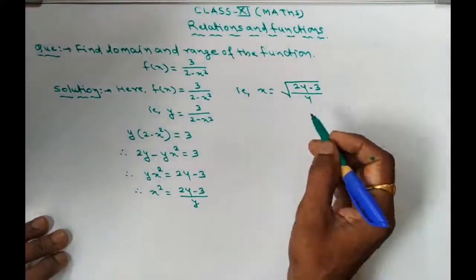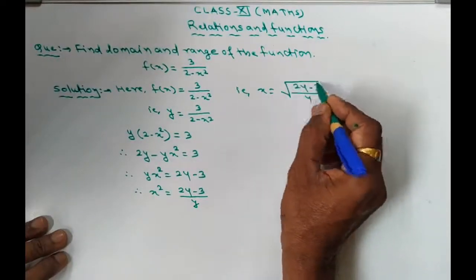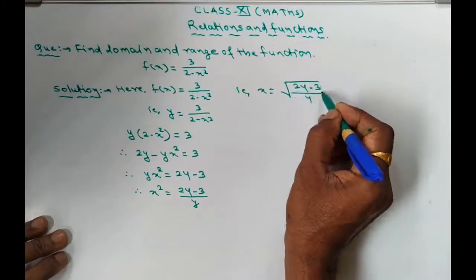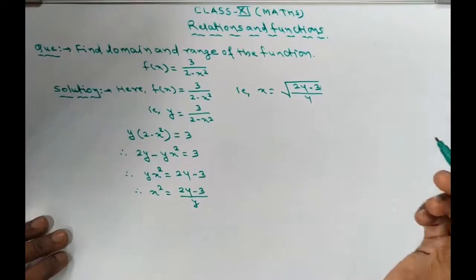X equal to, now this will give us the real number. This under root value should not be negative, otherwise it becomes complex number.